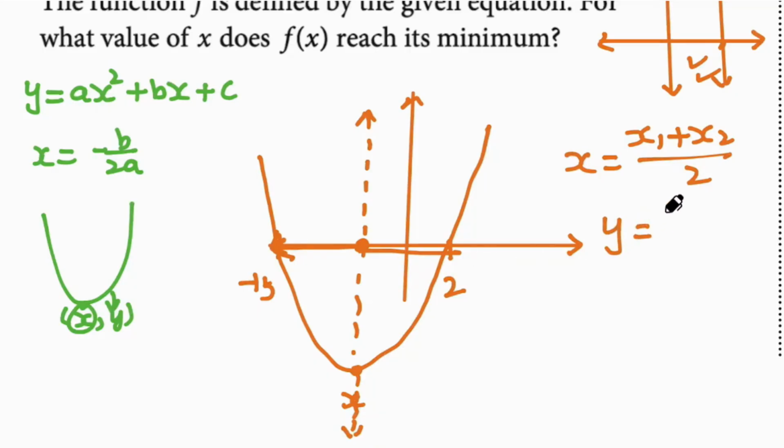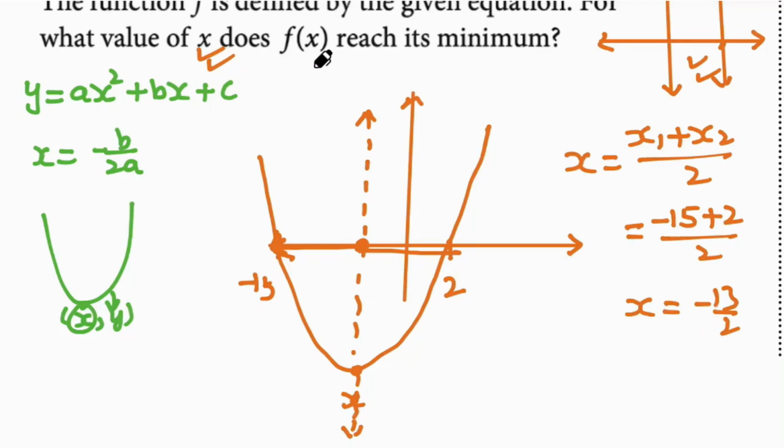This is the formula for y, which will not be needed in this case. We need only x. So we apply negative 15 plus 2 by 2. So x is equal to negative 13 by 2. So that is the value of x where f(x) will reach its minimum.